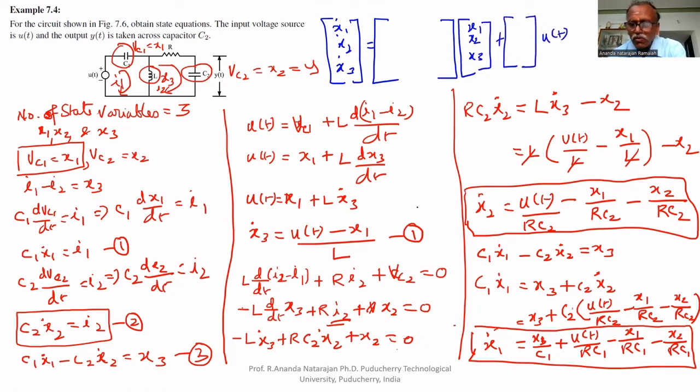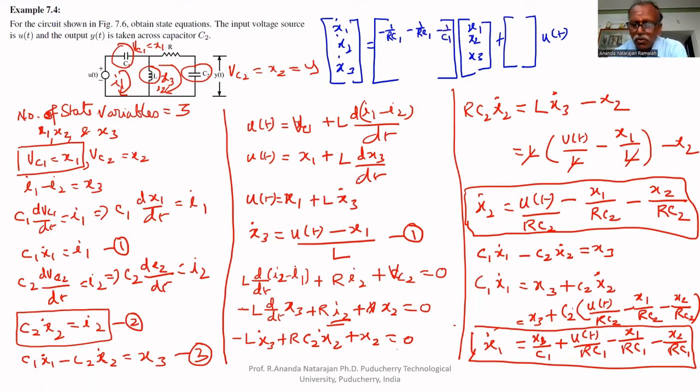The x1 dot equal to x3 by C1 minus x1 by RC1, that is minus 1 by RC1 multiplied by x1, minus 1 by RC1 times x2, and 1 by C1 times x3.